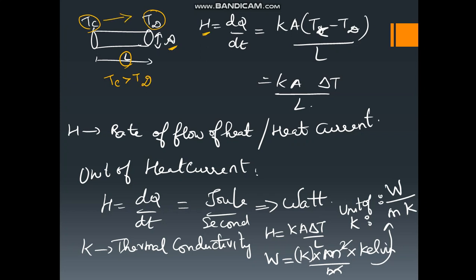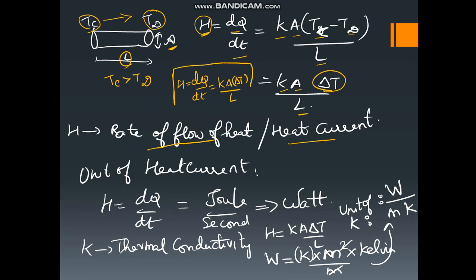The rate of flow of heat is dQ/dt, which is equal to H. The rate of flow of heat, or heat current, is given by the formula H = KA(Tc - Td)/L, that is, KA times the temperature difference across the ends divided by the length. This is the formula you must remember.